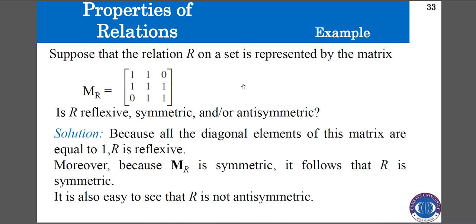If we take the transpose of this matrix, we get the same matrix. So if this matrix is symmetric, the relation based on this matrix is also symmetric. It is also easy to see that R is not antisymmetric.